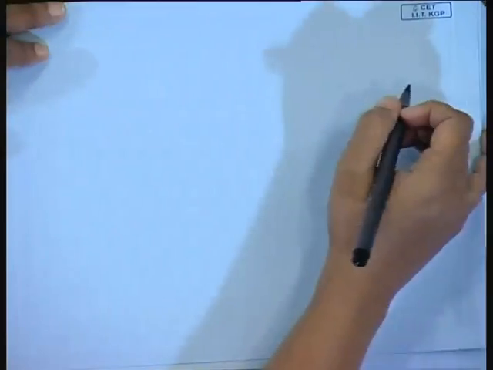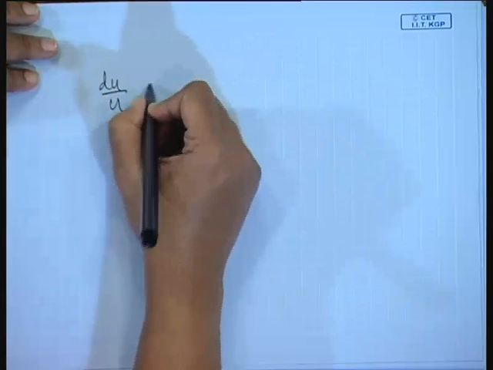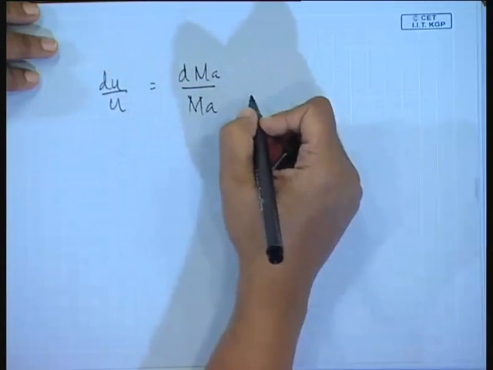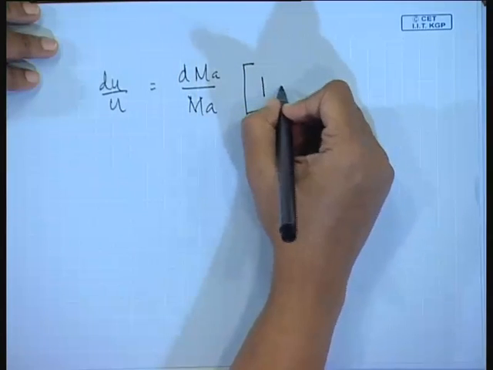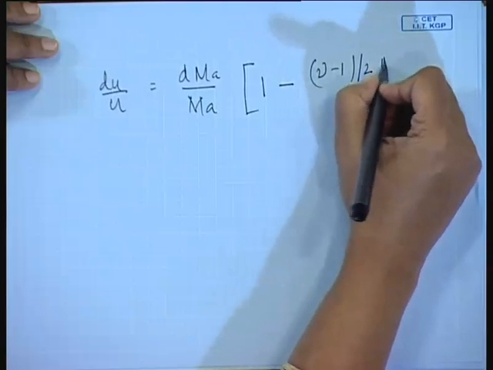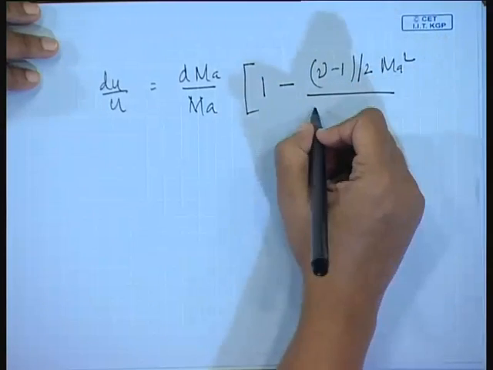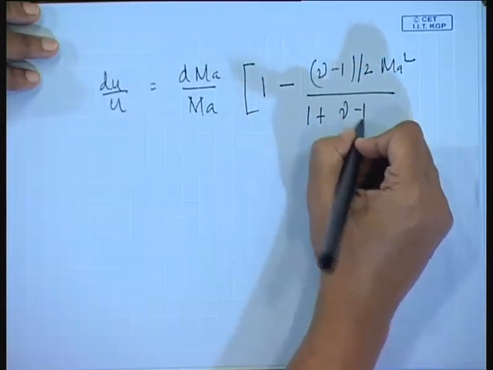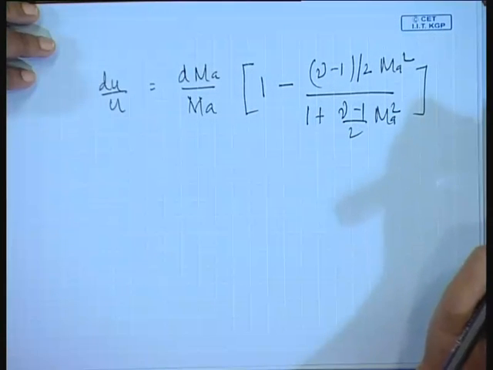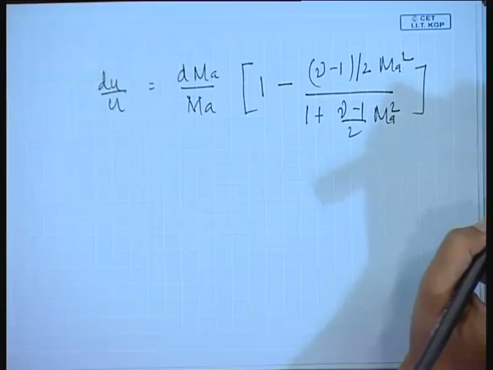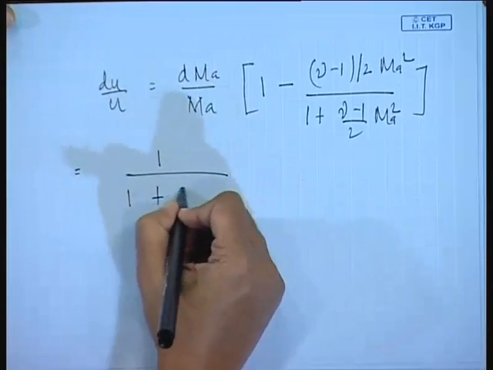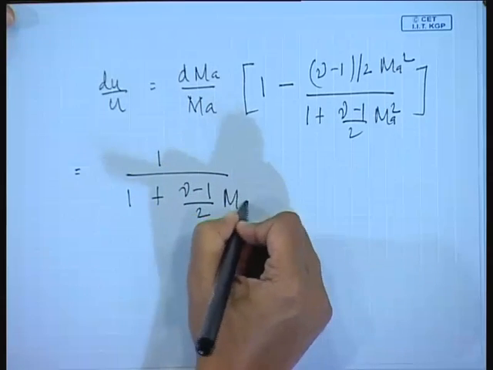If we do it, we find that du by u becomes dMa by Ma times 1 minus gamma minus 1 by 2 Ma square by 1 plus gamma minus 1 by 2 Ma square, or this can be written as 1 by 1 plus gamma minus 1 by 2 Ma square.